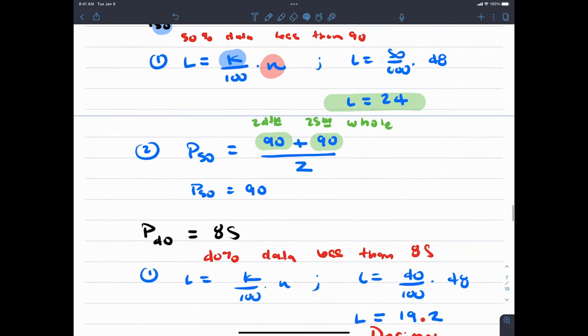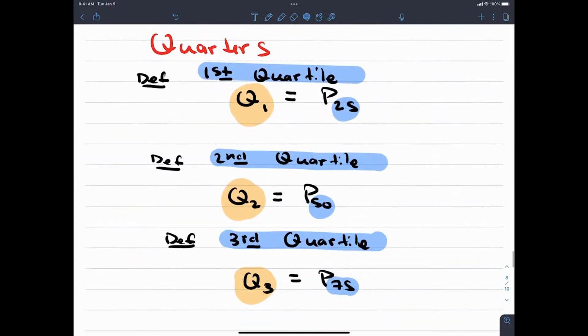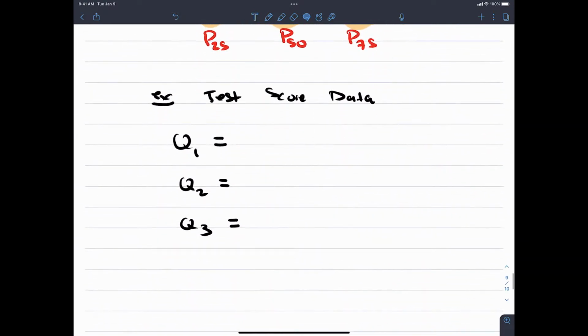So what do you guys think for the test score data? What is that? Q2. So you have the second quartile. It's 90, ladies and gentlemen. Easy peasy, lemon squeezy.